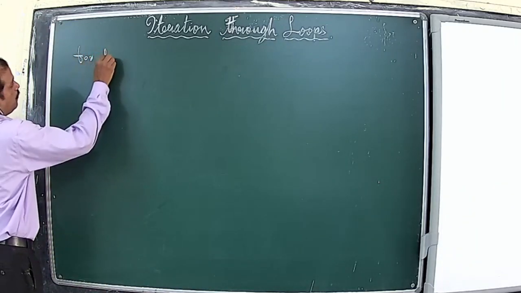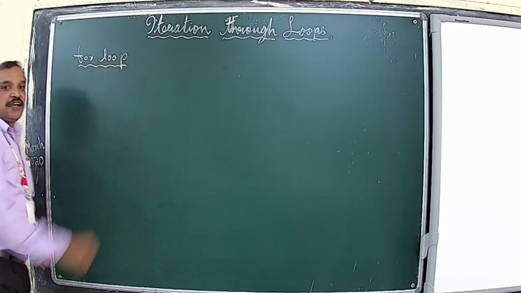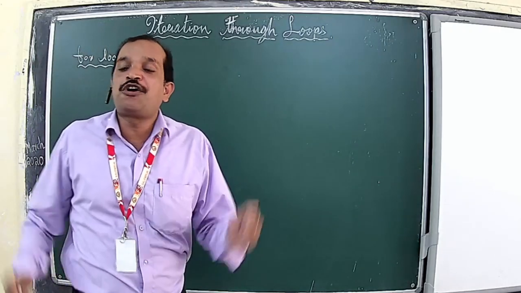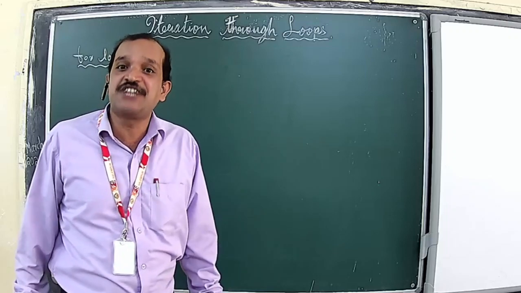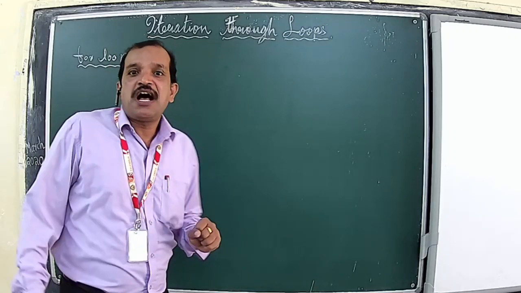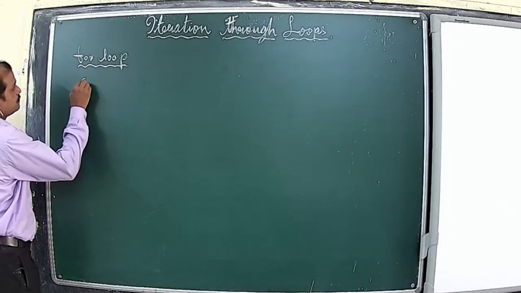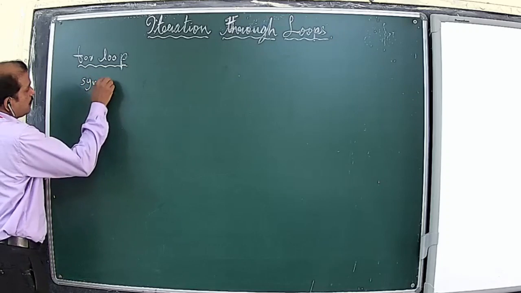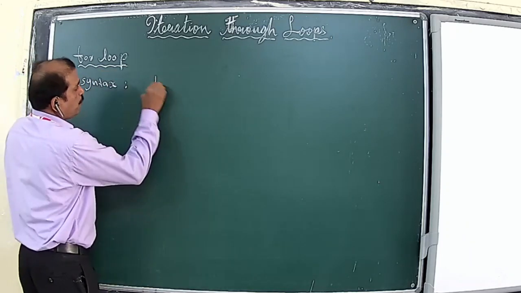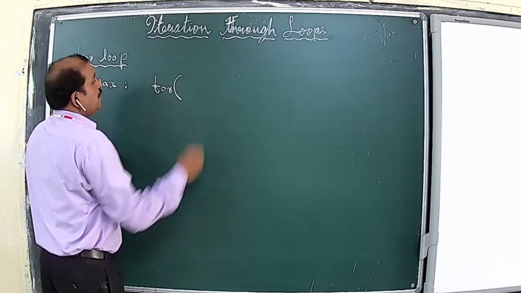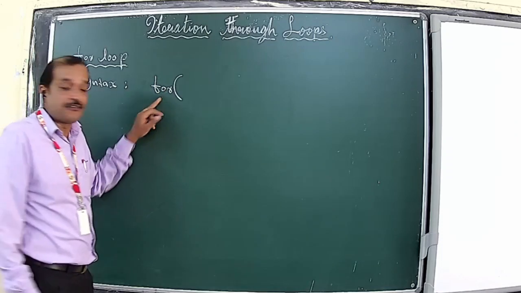As we have already heard, the for loop is also used for executing a particular statement or a group of statements repeatedly until some specified conditions have been satisfied. First of all, let us look at the syntax of a for loop. This is the proper syntax for a for loop. First, we begin with for, which is a keyword you are familiar with.